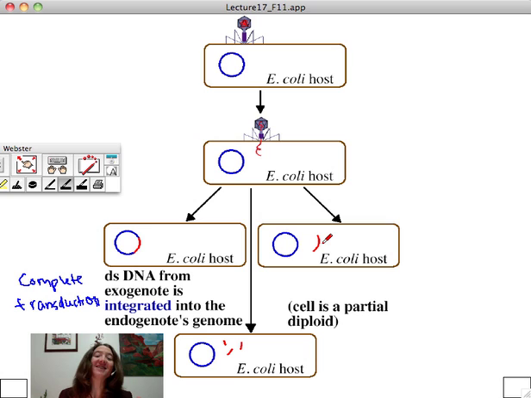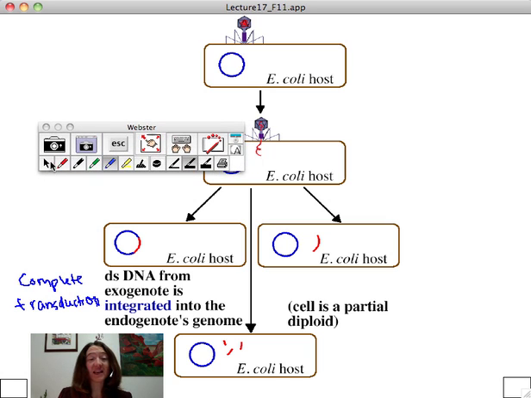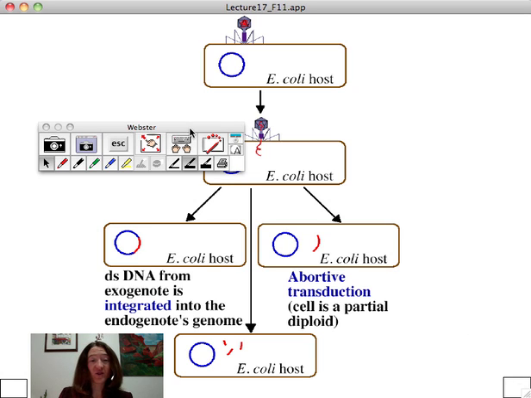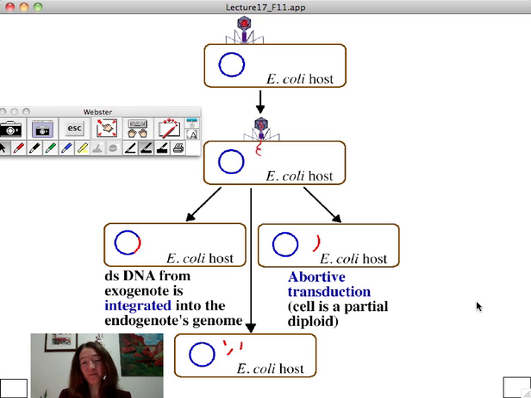Sometimes it's a circumstance that doesn't last very long, right? It's not perpetuated, but for a short period of time we get a partial diploid, and this is called abortive transduction. So the cell is actually partially diploid.